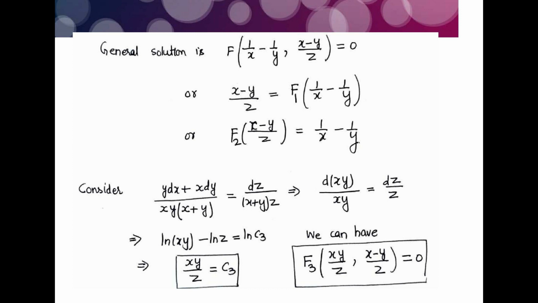This function xy over z can be obtained by some sort of combination with earlier two functions, that is u and v. I will discuss this in numerical problems also. Here we can divide v by u, the function v which we have calculated using the auxiliary equation. So if you divide v by u function, you can get the third combination xy over z equal to c3.